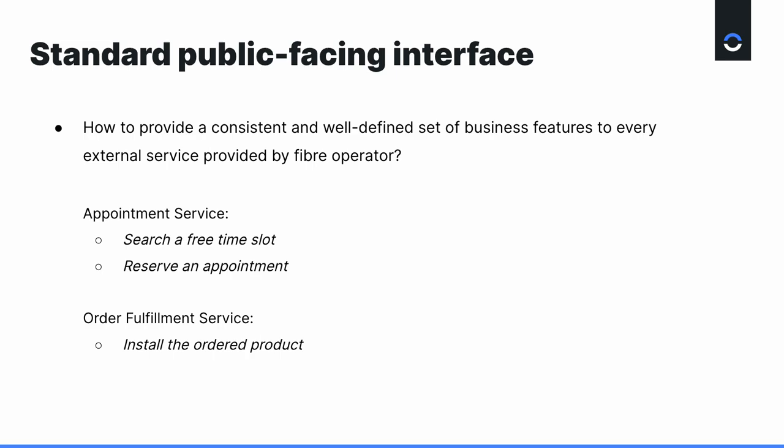And we know that every fiber operator will have different implementations of these functions. So we would like to make it very easy for developers to implement those functions by having a standard generic interface for those functions. So the question is how to provide a consistent and well-defined set of business features to an external client.